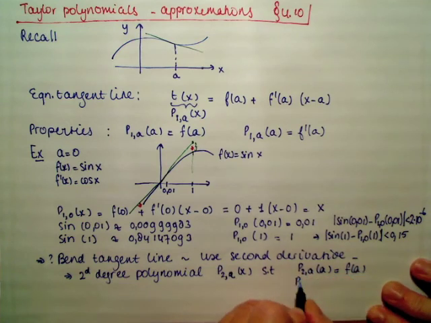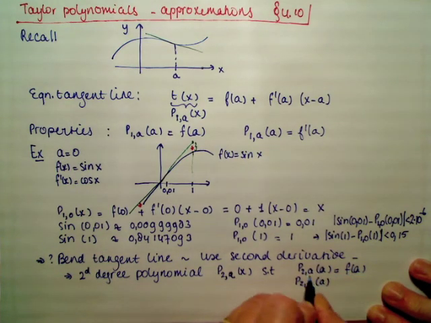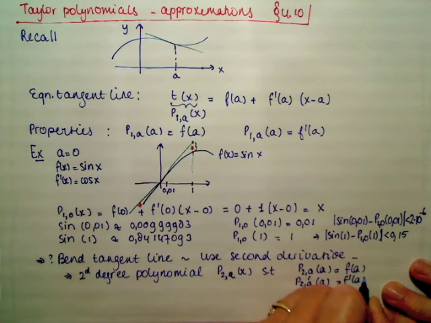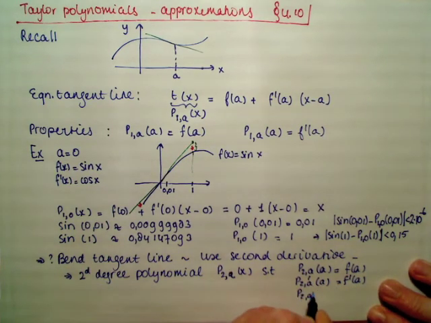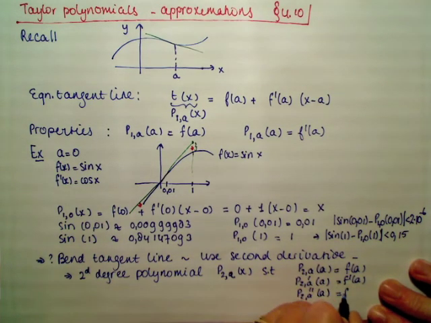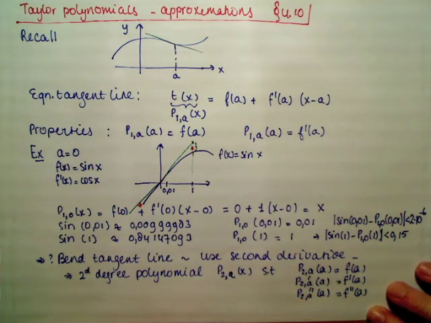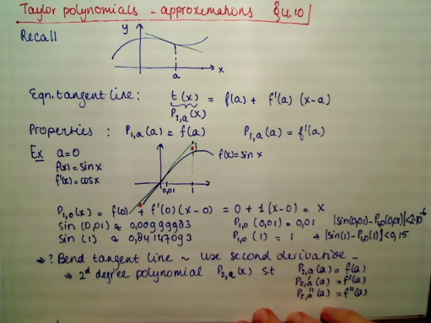The first derivative should be the same, but now also the second derivative should be the same. Now, what would be the formula of such a second order polynomial?